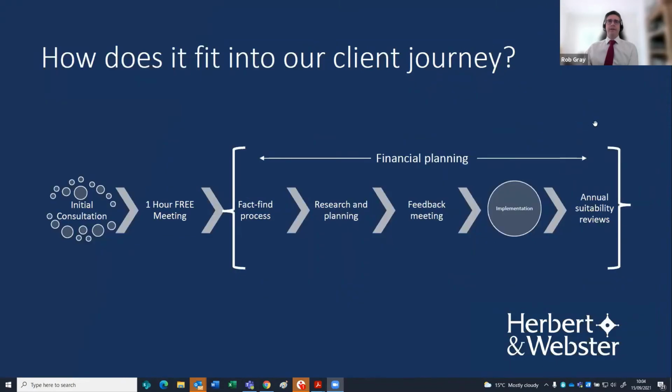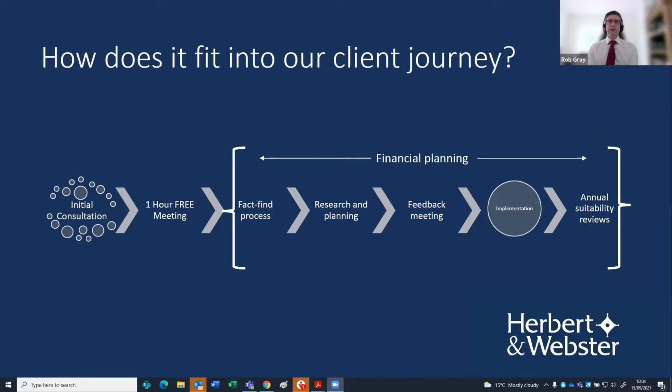It fits into our client journey. When we meet a client, we always have an initial consultation, usually over the telephone, just to check that we can help. We'll then have a 1 hour free meeting where we'll sit with them either face to face or via Zoom, and talk about what their requirements are. If we identify that it's a way forward, we'll start our fact-finding process, and this is where the financial planning will start as well.